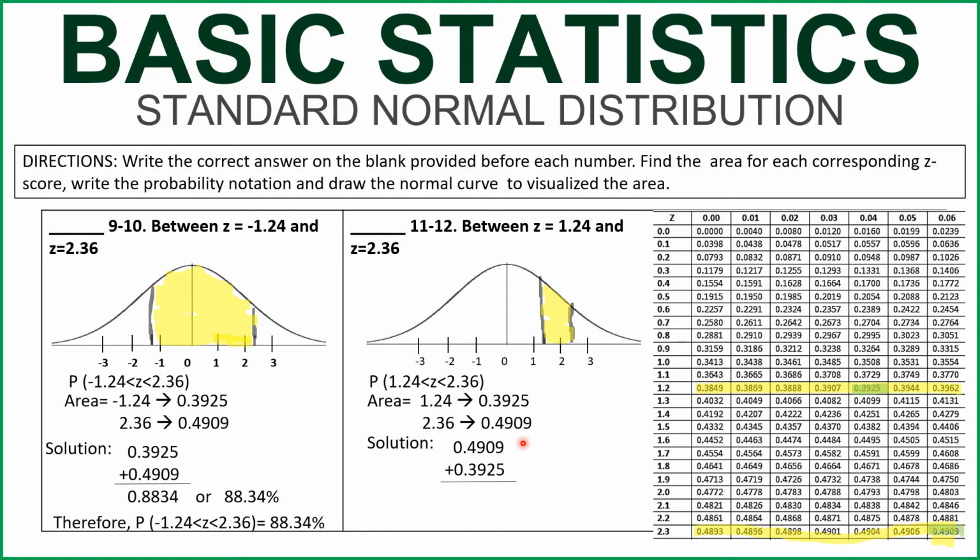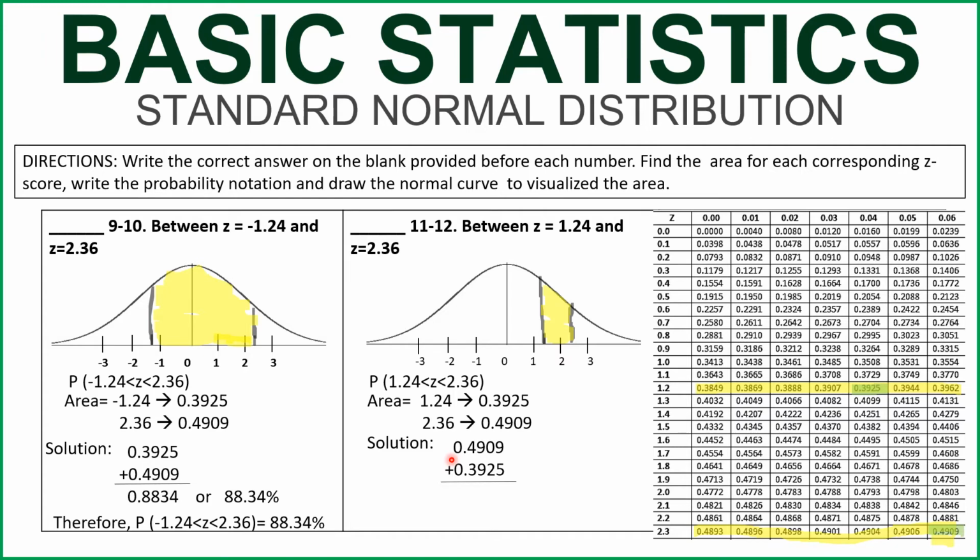Ma'am, paano po malalaman kung ano yung mauuna? Yung area ba ng 2.36 or yung area ng 1.24? Depende po kung alin yung mas mataas. Kasi, we're dealing with area. And, take note na kapag area, perimeter, height, distance, laging positive yung sagot natin.